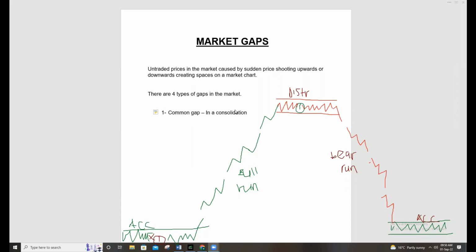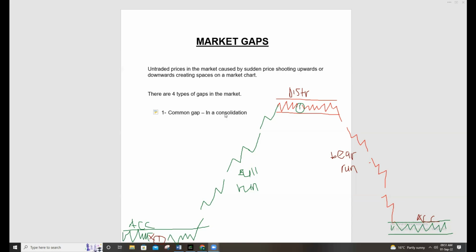So prepare. A common gap is a wake up call that the consolidation is almost done and you should prepare. And in which direction are you supposed to prepare? It's in the direction in which the gap has happened. Now you can use the gap as support and resistance to have those sniper entries when that breakout happens.